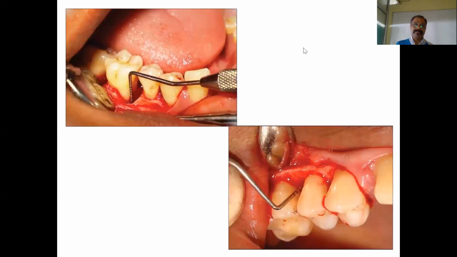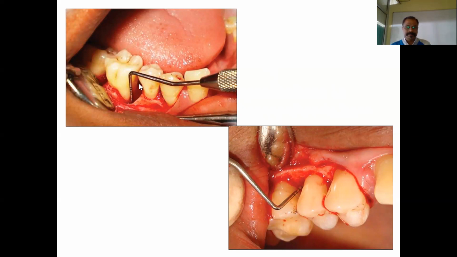This picture exactly shows you a 3-wall defect. Okay, 3-wall defect means 3 walls are intact and 1 wall is missing, right? This is one of the most favorable types of bony defects for regenerative procedures.